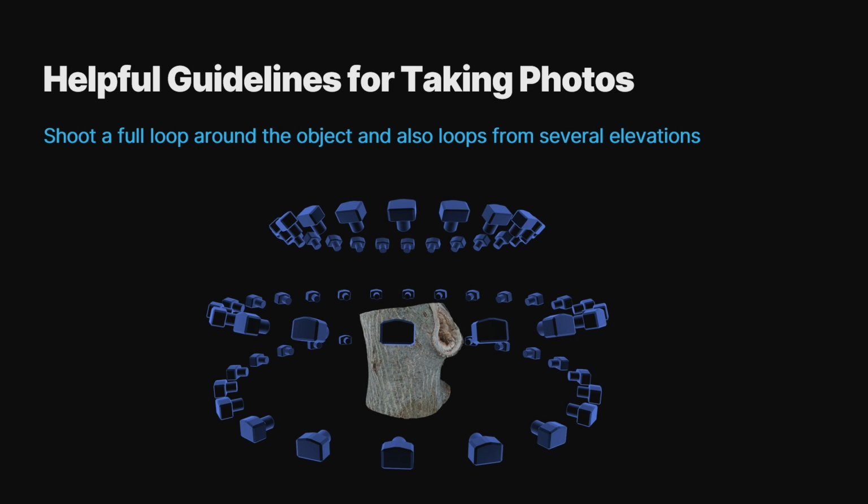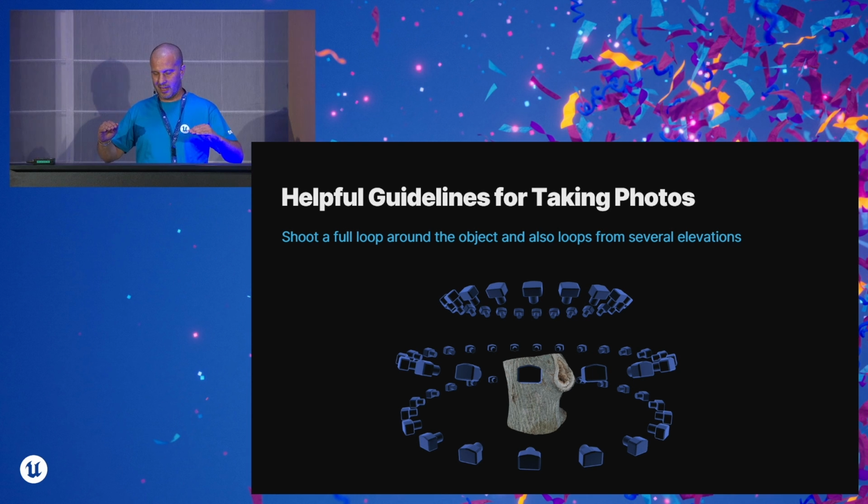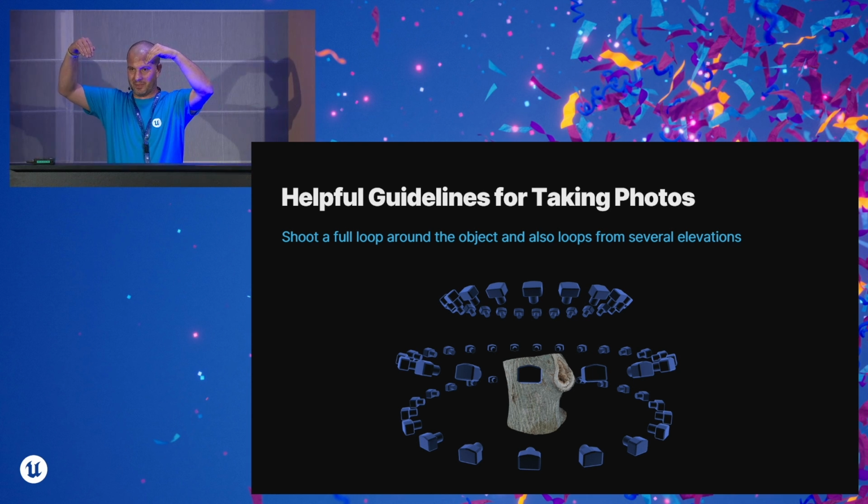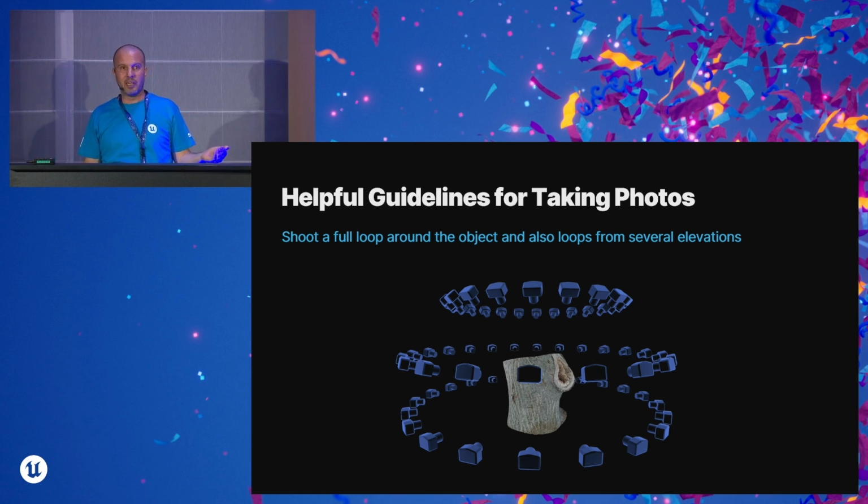Okay, shoot a full loop around the object and also loops from several elevations. A lot of people get the bit when they're doing a loop that it needs to be every 30 degrees, or I like to do every 10 degrees. But often they'll raise up to more than 30 degrees. And then, if you think about shooting something from that angle and at 90 degrees, there's no way of matching those features.